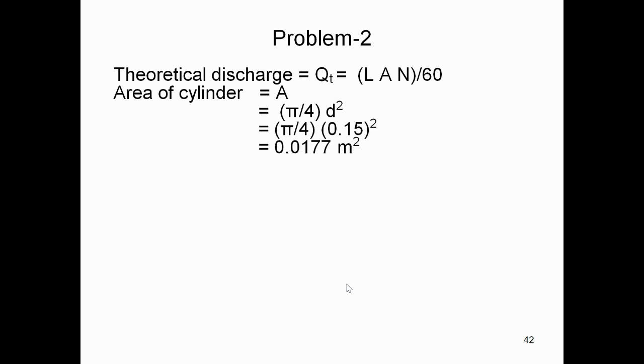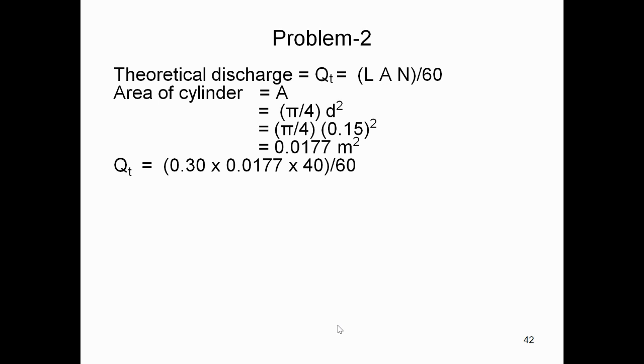We know the theoretical discharge formula: QT is equal to ALN by 60. First of all, you have to calculate the A value from the pi by 4 d square formula. So we'll get A equal to 0.0177 meter square from the given diameter.